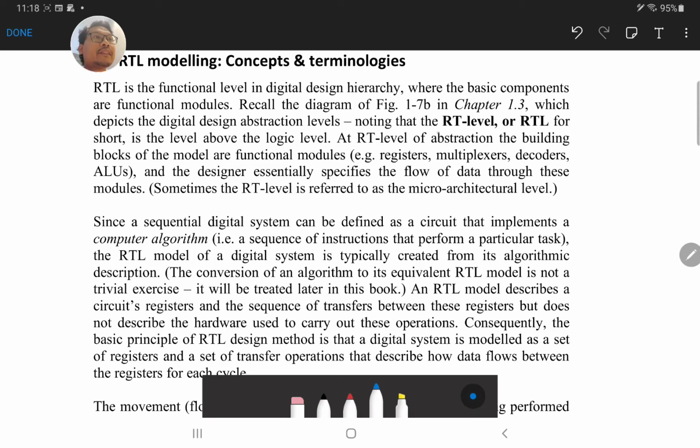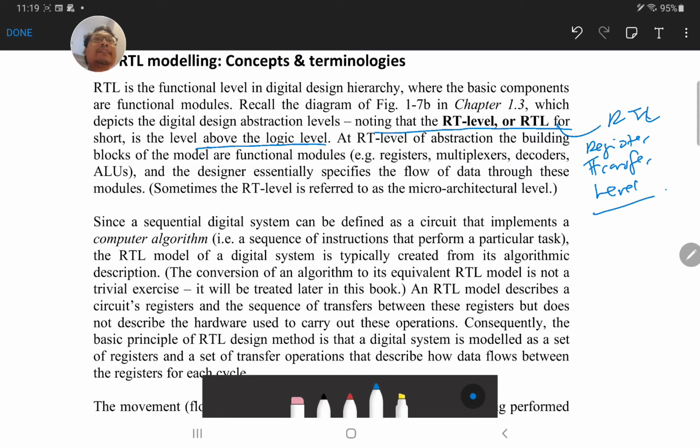It says here that RTL is short for the level above the logic level. Register Transfer Level, so RTL.